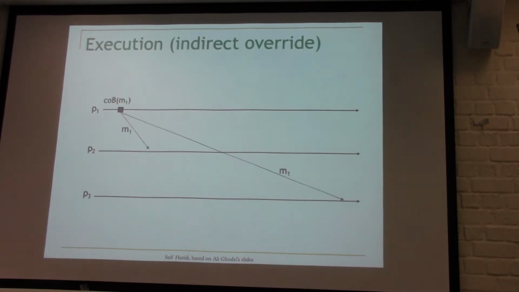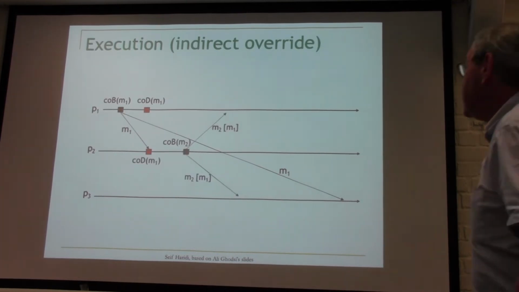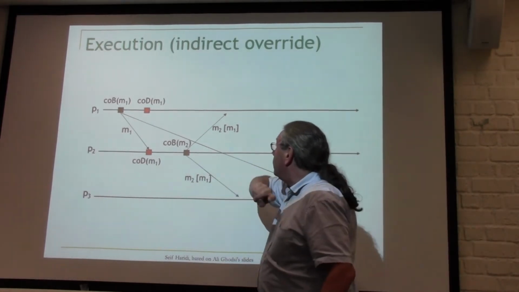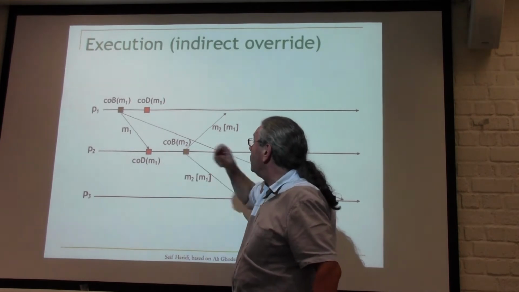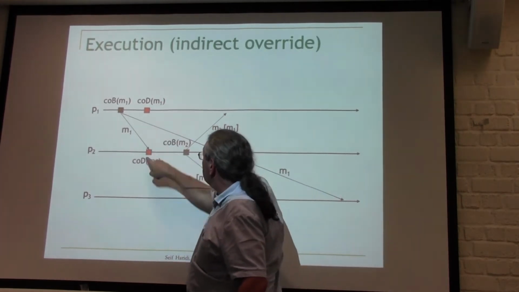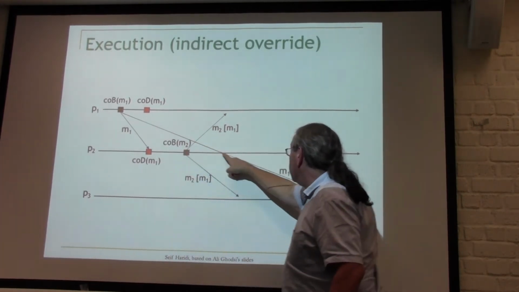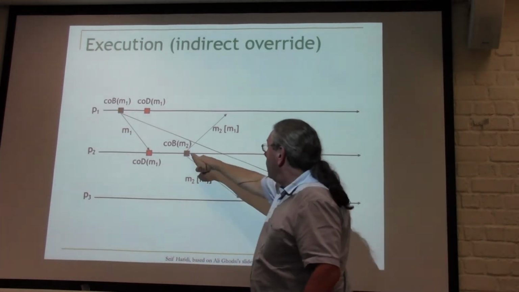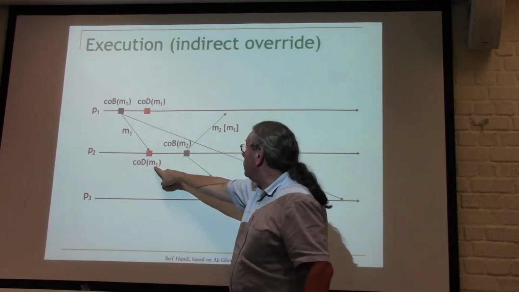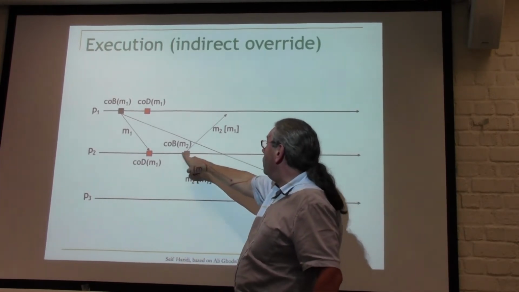Here's another slightly different scenario. This one I call indirect override, because here it's P2 that's doing the second broadcast. So P1 broadcasts here, and the two red ones are delivered here. But notice this one again is kind of slow, the M1 is still traveling. But P2 has already CO delivered M1, and it does another broadcast.